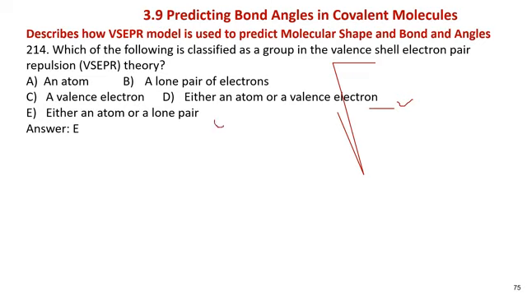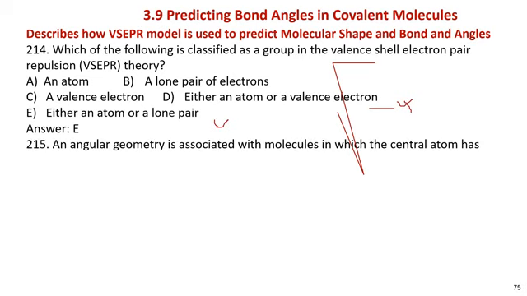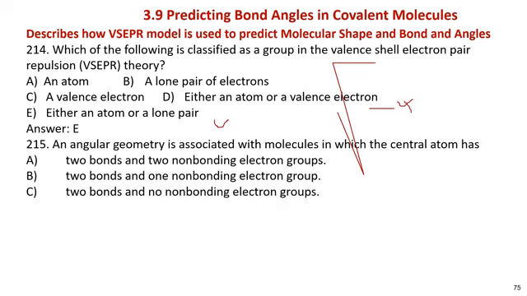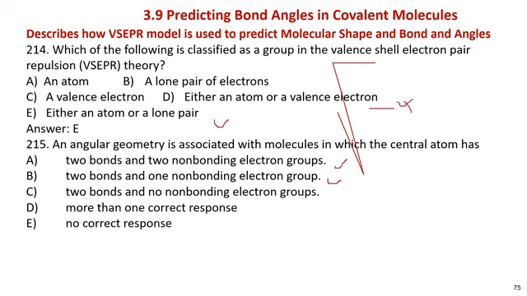Angular geometry is associated with two bonds, one non-bonding electron pair group. Two bonds, one non-bonding; two bonds, two non-bonding.